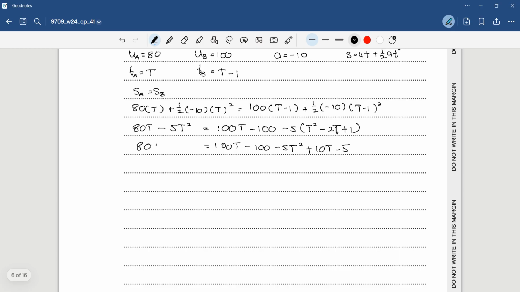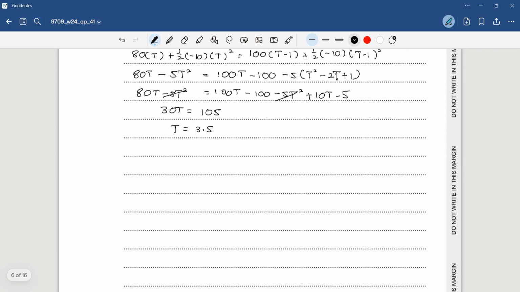So 5T squared will cancel each other. So you rearrange, I'll get 130T is equivalent to 105. So T equals 3.5. Okay, so it's shown.